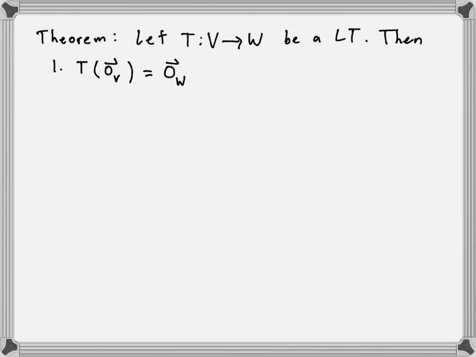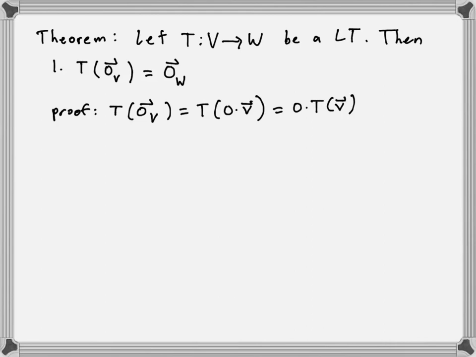What is the proof? What is T of the zero vector in V? We know that the zero vector in V is actually the same as doing T of 0 times v, where v is any vector in V. But this is the same as 0 times T of v, right?